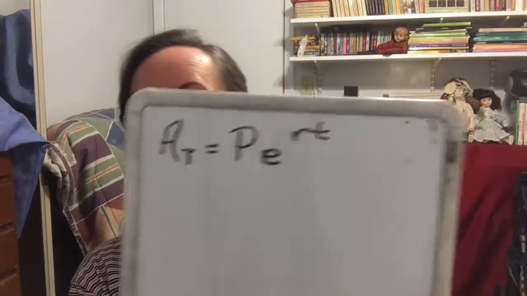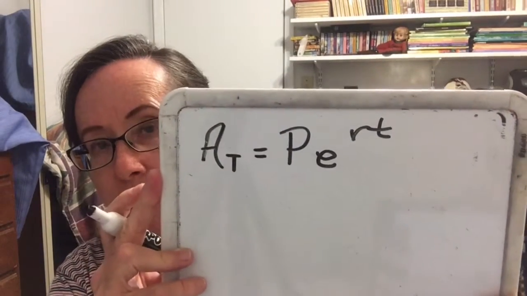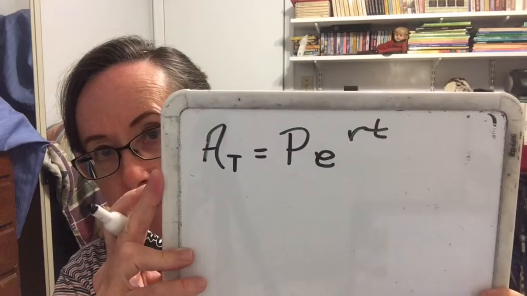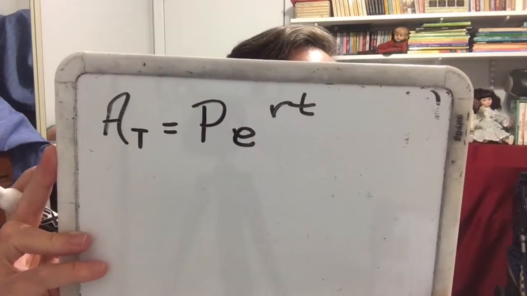So this is our formula for continuous compounding. And so in this formula, Kimberly invested $6,000. So that's her initial principal. Okay, and then when she got it out, her amount after time was $7,097.62.